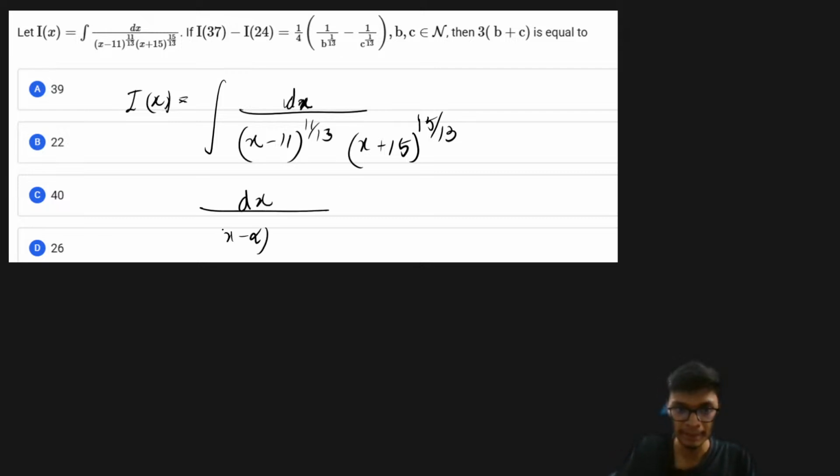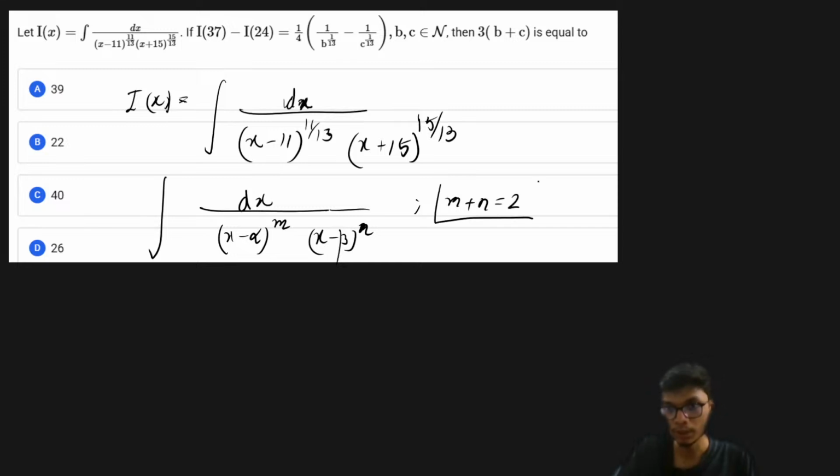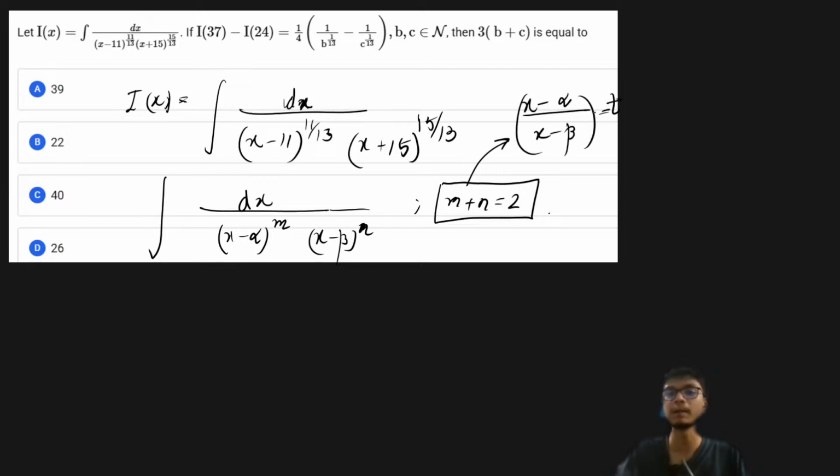Whenever you have a form like (x minus alpha) to the power m and (x minus beta) to the power n, and you have to integrate it, and if you observe that m plus n is equal to 2, then please put (x minus alpha) by (x minus beta) as a new variable t.